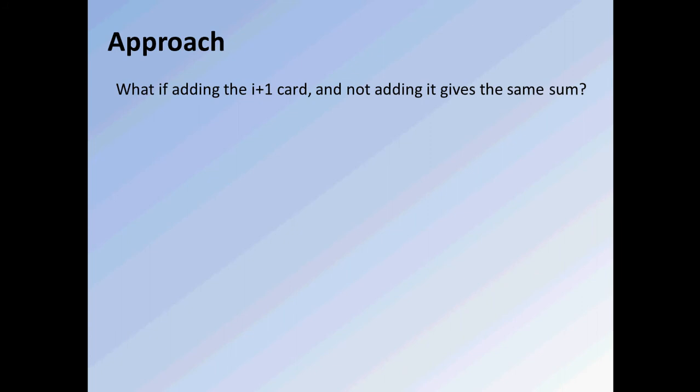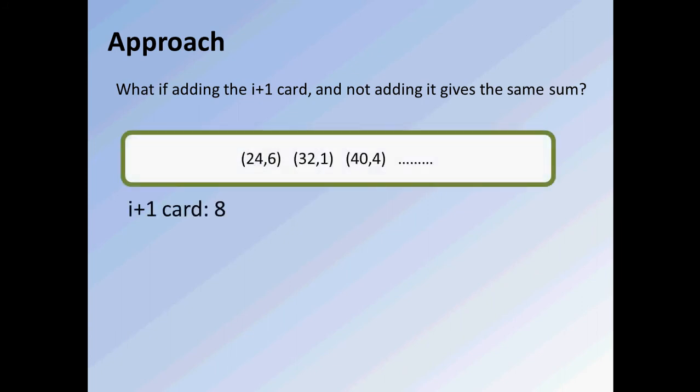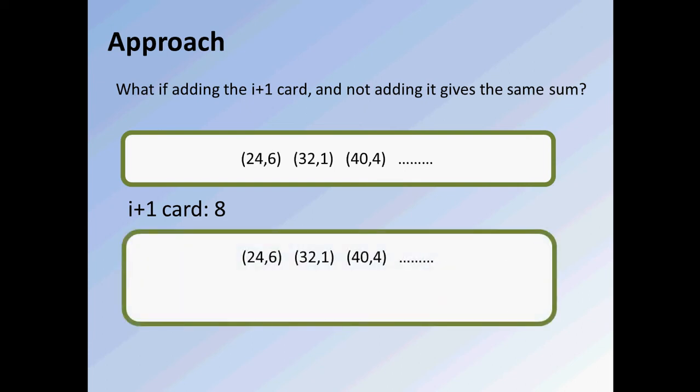We shall now try to solve the problem of repeated sums. Let's say again we have a set of combinations and we want to add the next card, 8. Again, we can choose either not to add it or to add it. In the event that two of the sums are the same, are we able to remove one of them from the set?